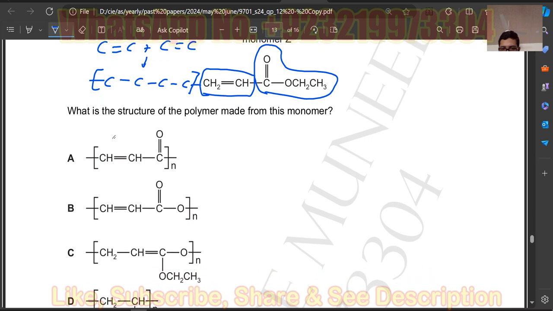Now look at option A. In option A, we are looking at this part. It does not contain any double bond in the original monomer, so it is not the right option. In B, we again have the double bond present here according to the B option, but it is not present here. There is no double bond here. And addition polymerization occurs because of the carbon atoms, not because of the oxygen atoms.